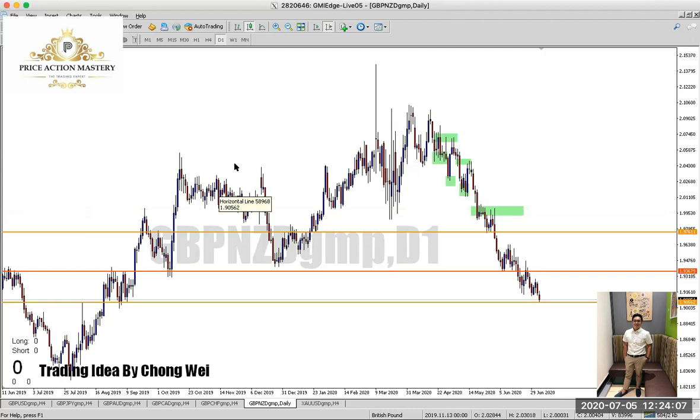AUD and New Zealand are both strong, so that's why they pushed the GBP downwards. Last week I bought GBP NZD, but as you can see, it hit stop loss because New Zealand kept on strengthening and pushed this down.